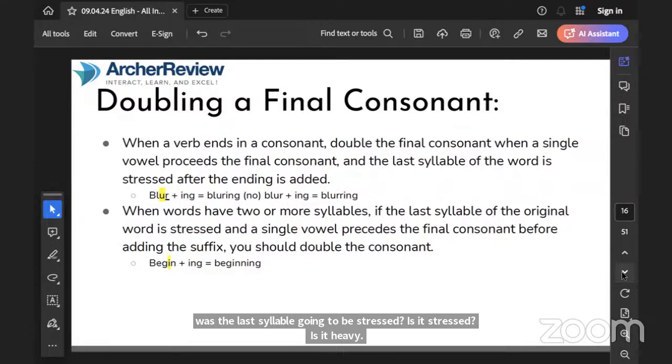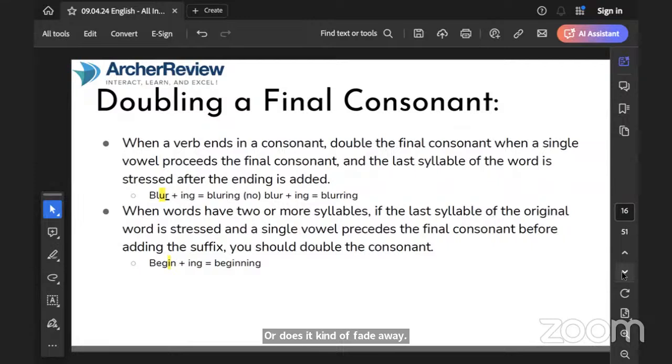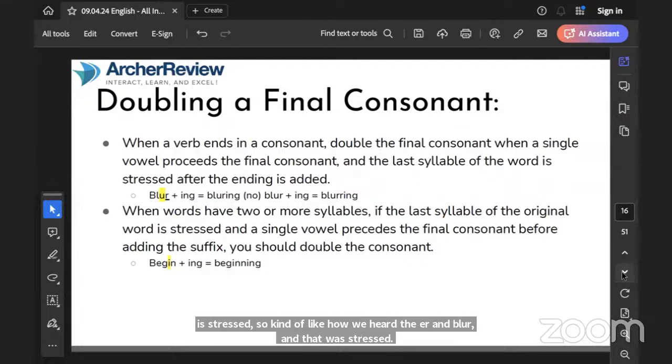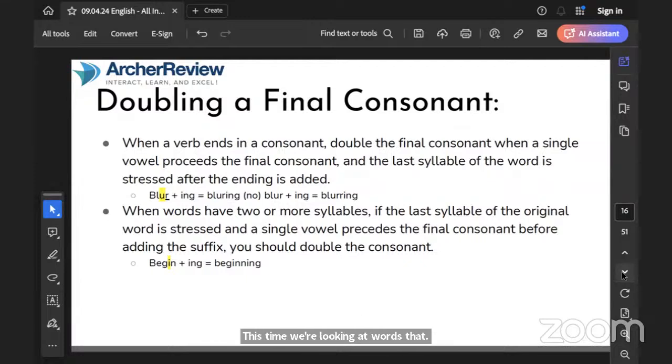Another rule for doubling a final consonant. There's two rules for this on when to double the final consonant. So if you have a word that has two or more syllables, so when you pronounce it, you're going to have two syllables to it. And if the last syllable of that original word is stressed, so kind of like how we heard the R in blur, and that was stressed, this time we're looking at words that are two syllables.